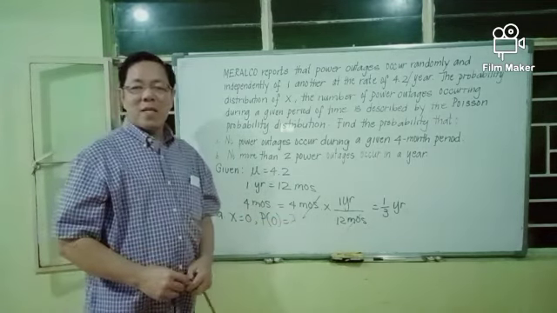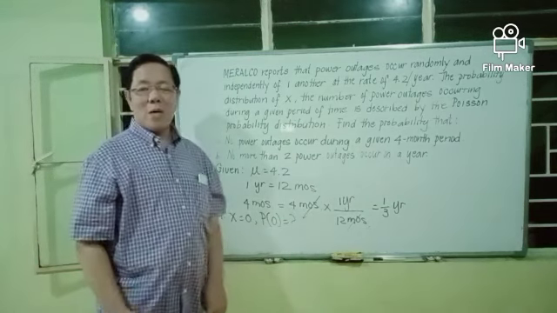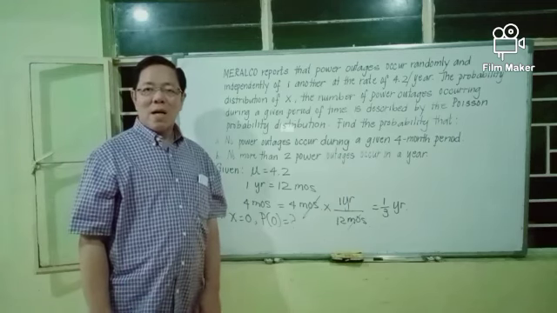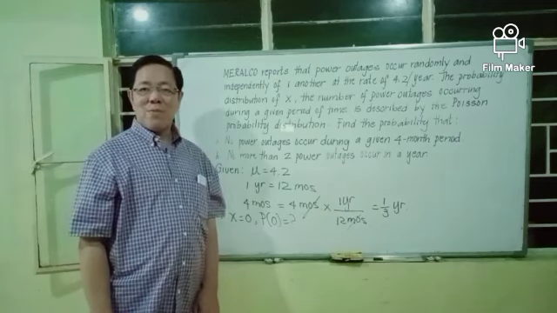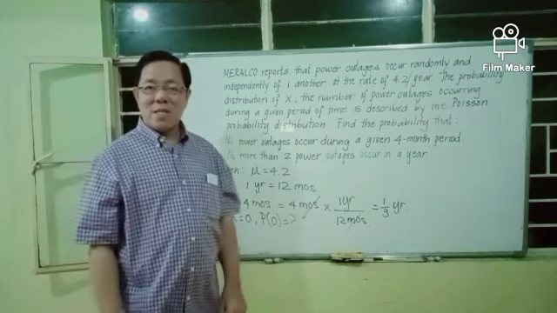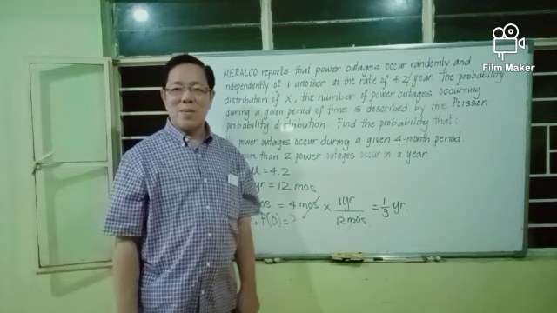And we want to find the probability that x is 0. That is, no power outages occur in a given 4-month period or 1/3 year. And we will use the formula for calculating the probability of the value of the discrete random variable x, described by Poisson probability distribution.